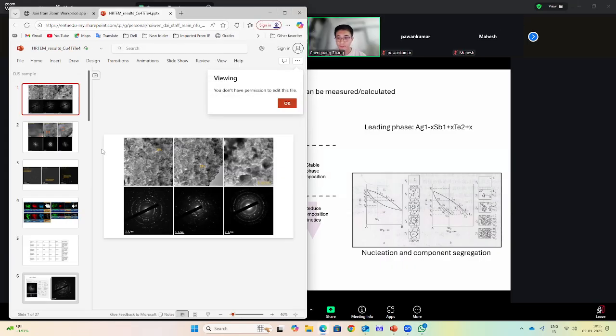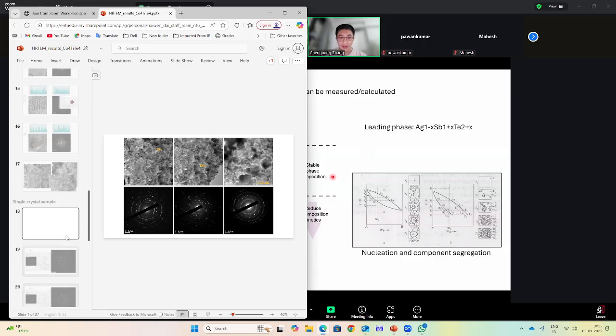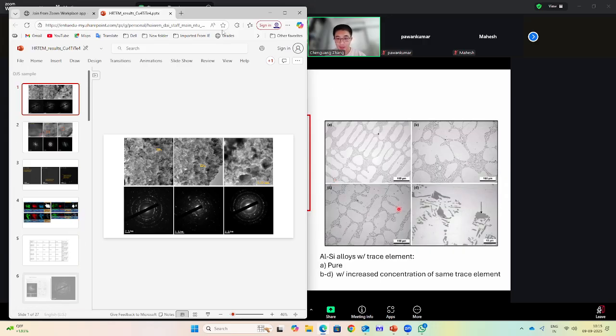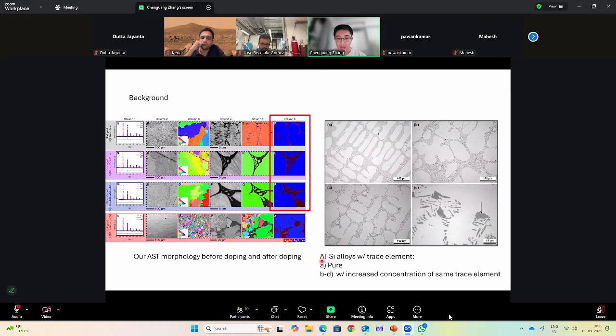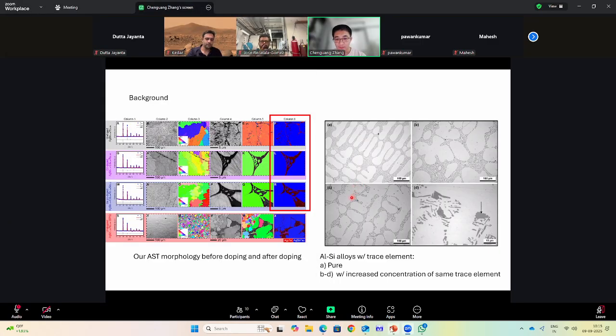And so here, if we go back to the last slide, you might see in this aluminum and silicon eutectic alloy that the aluminum always looks coarse.